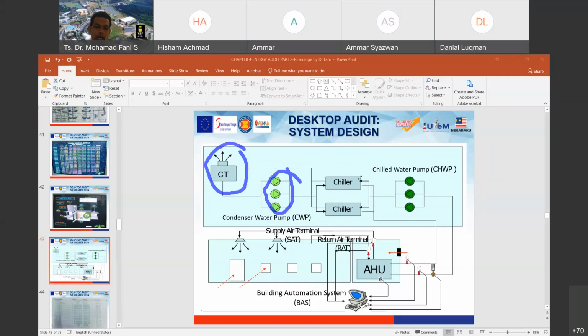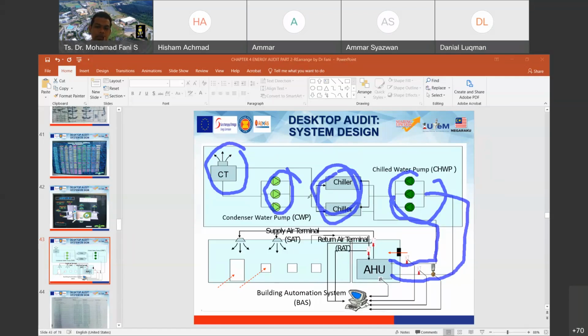So the chiller supplies chill water to the chill water pump, which helps supply the chill water to the AHU. From the AHU it goes back to the chill water pump and back to the chiller, and the chiller sends the hot water back to the cooling tower.